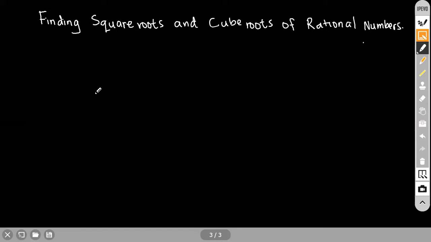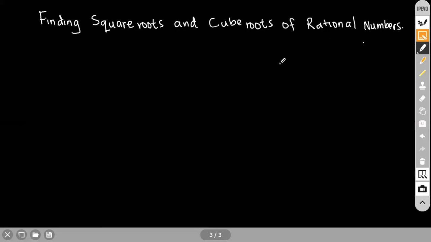Okay, so students, in our today's lesson, we are going to look at finding square roots and cube roots of rational numbers. It's good that we know what square roots are and we know what cube roots are.